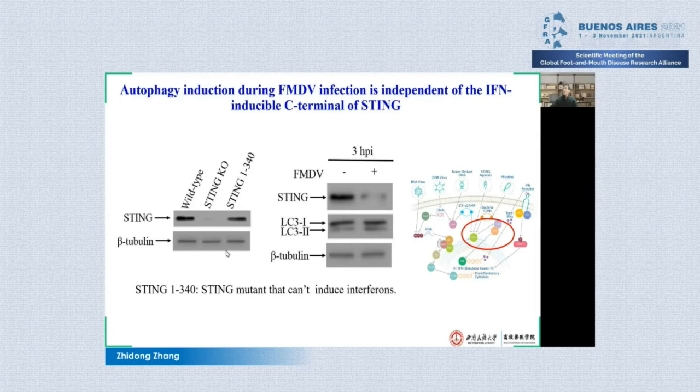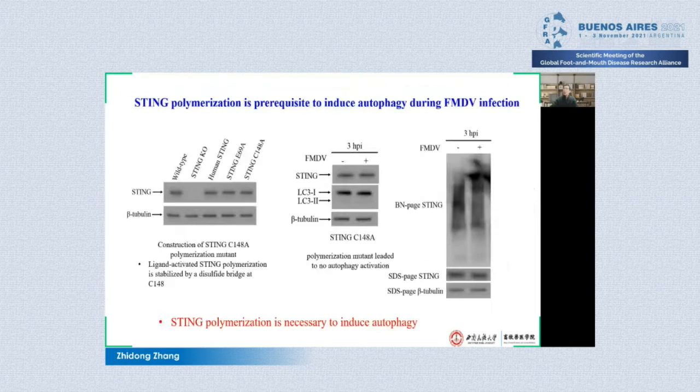After that, we infected with FMD, and here you can see FMD infection still can induce autophagy in the cells expressing the STING 1 to 340 mutant. So this means TBK1 activation and trafficking are not necessary for induction of autophagy during FMD infection.